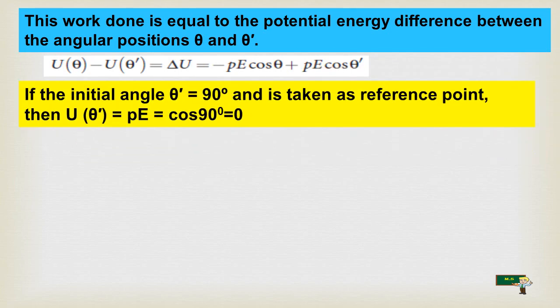If the initial angle theta dash is equal to 90 degrees and it is taken as a reference point, then U theta dash is equal to zero, since cos 90 degrees is equal to 0.